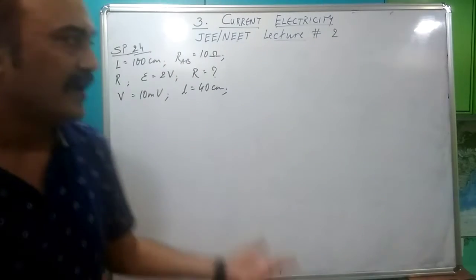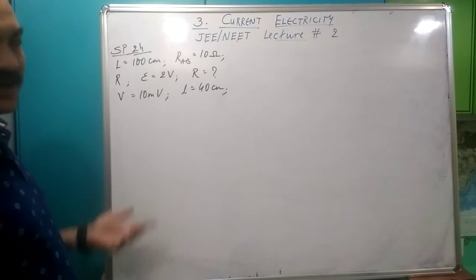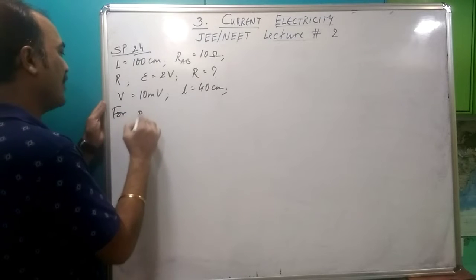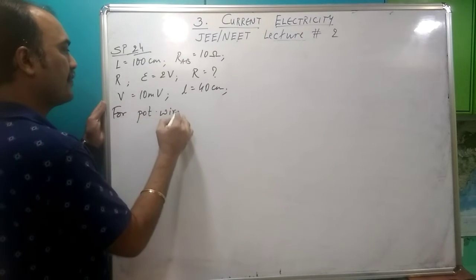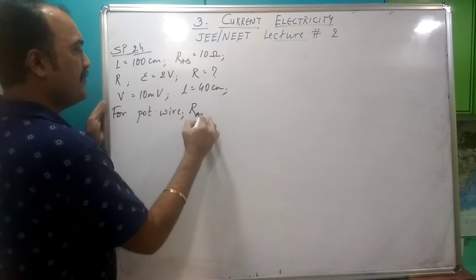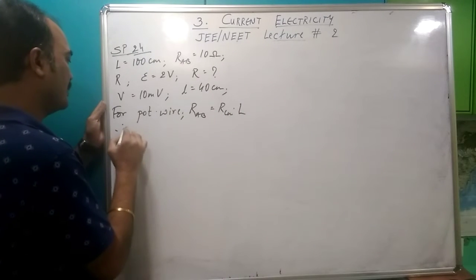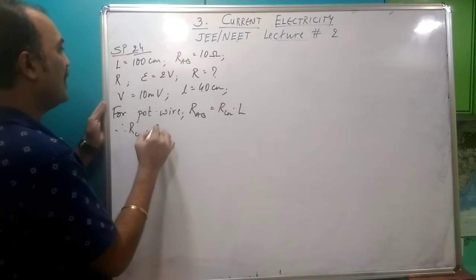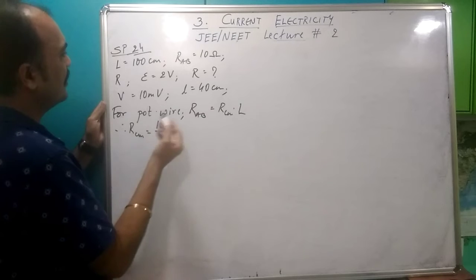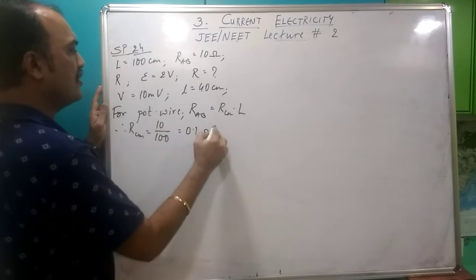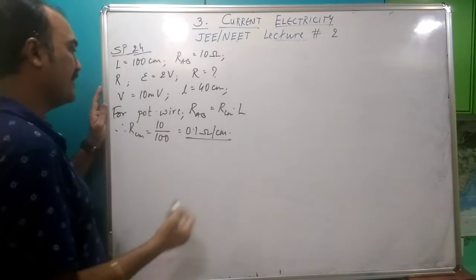Okay, let's do this. First things first, for potentiometer wire, RAB is R per cm into length L. So let's first find R per cm. RAB is 10, let's keep it in centimeter. 10 by 100 is 0.1 ohm per centimeter.